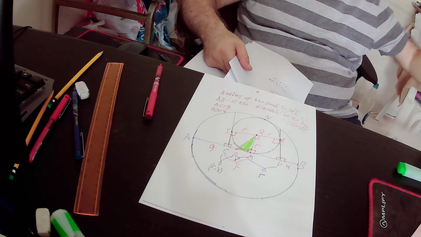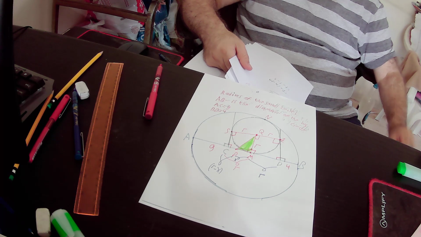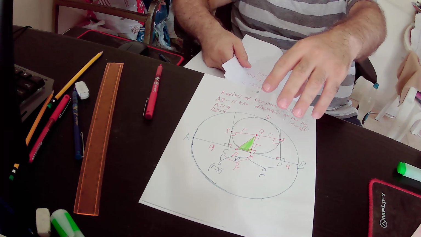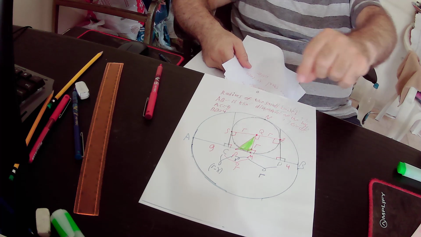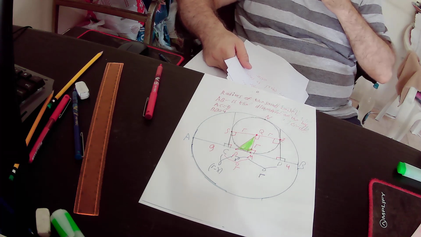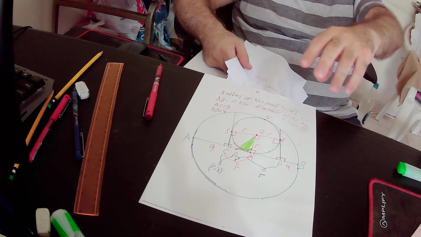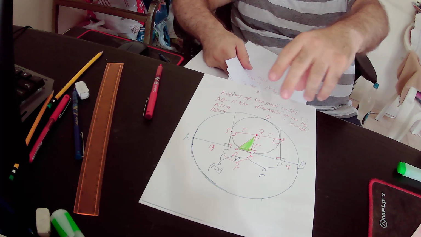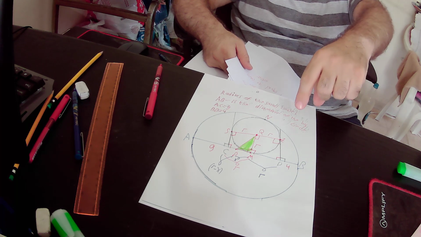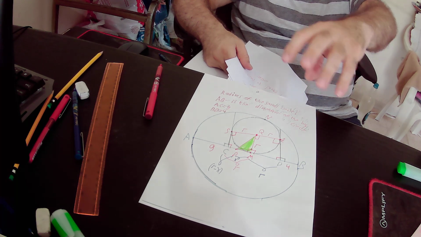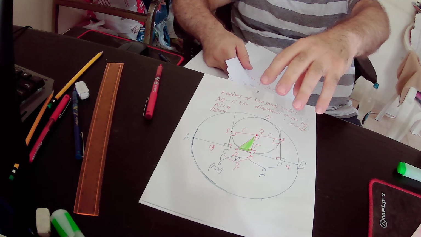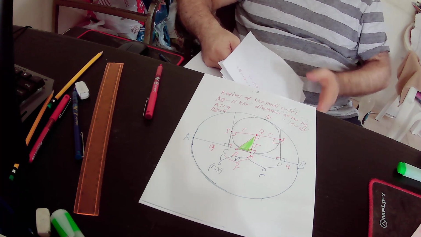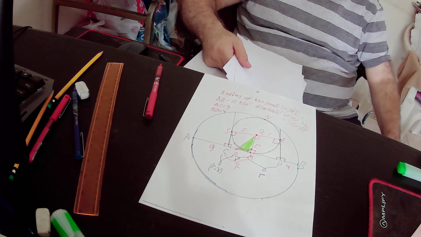Then we drew 3 radiuses of the small circle. Those 3 radiuses exit from the center of the circle, and they are drawn to the launch points.